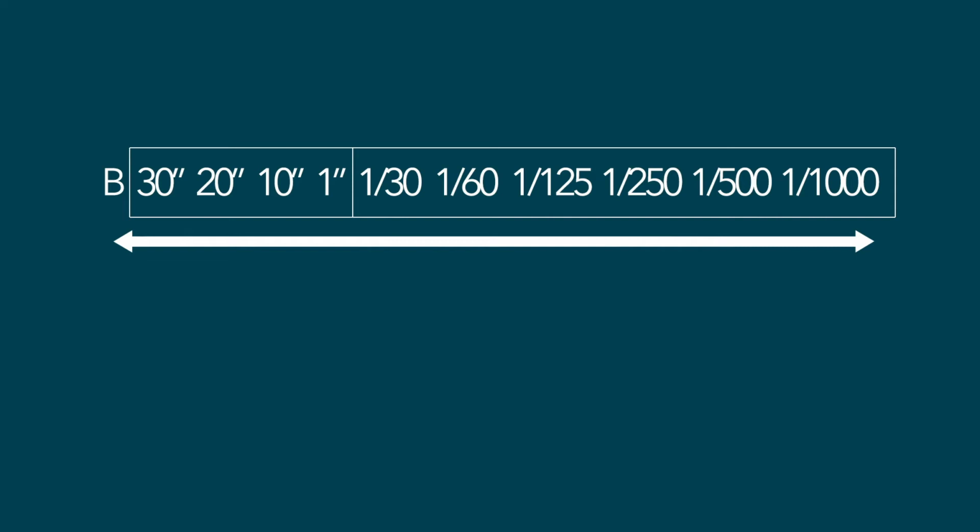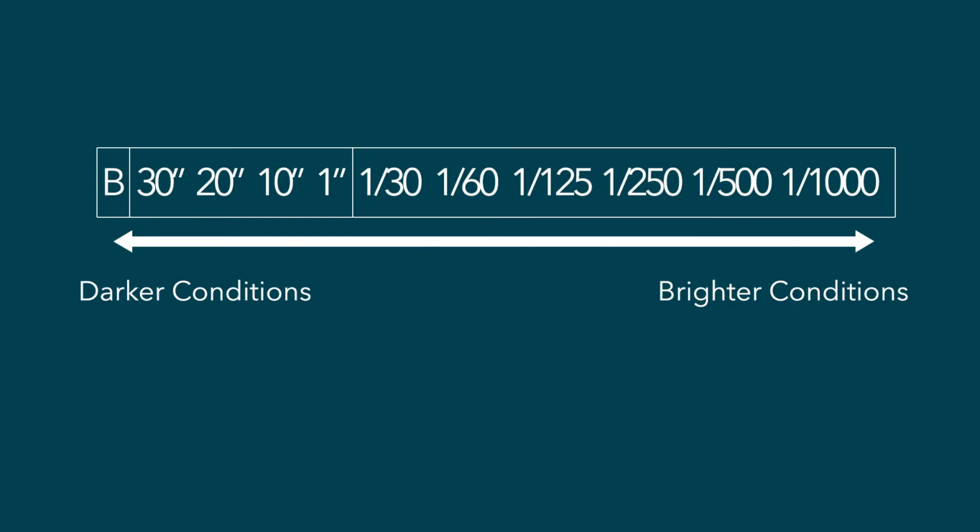Finally, we can see B, or bulb mode. In bulb mode, you can open the shutter for a longer period of time, from minutes up to hours. This is used for specialist creative effects. In terms of exposure, simply speaking, the less light available, the longer you would need to make your exposure, or your shutter speed. The more light, the shorter your shutter speed is likely to be.